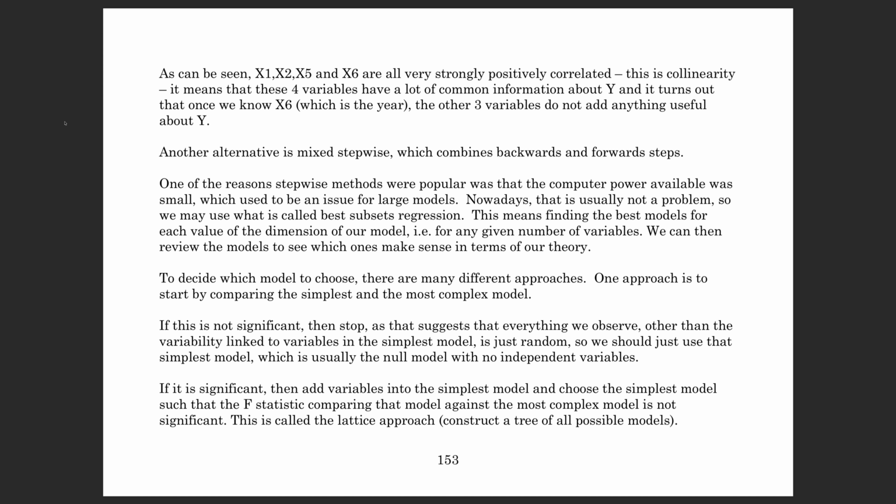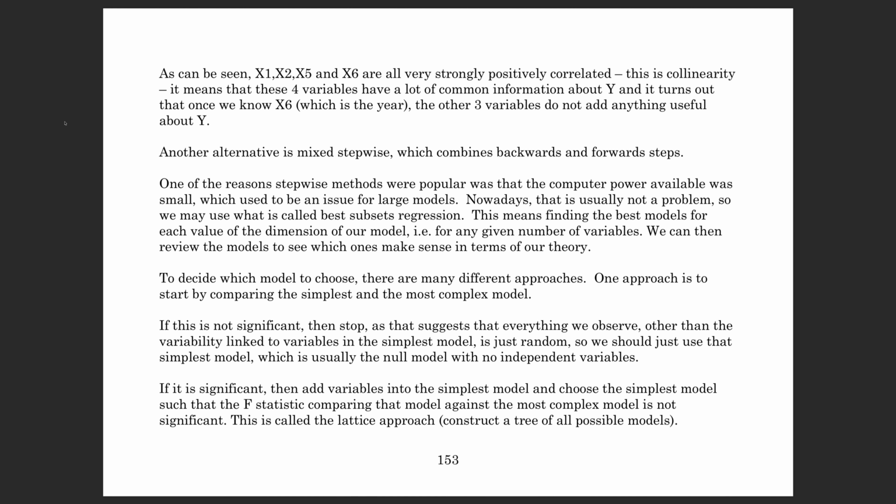So for those of you who took my course before, will remember we talked about Occam's razor or Occam's law. If you don't know about Occam's law, I encourage you to go back and read the section on Occam's law in the course book. Occam's law says we should choose the best model.